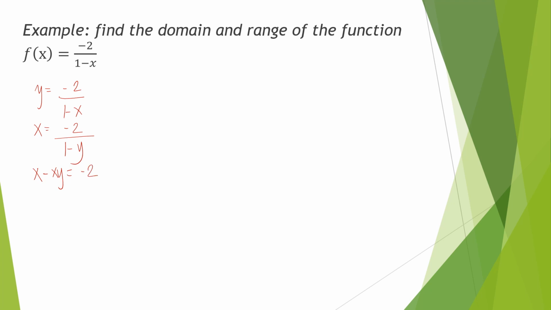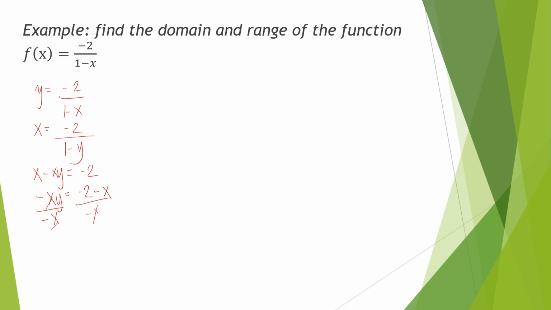Okay, then we transpose the x to the other side. So negative xy is equal to negative 2. No, not plus. Minus x. Okay? Then for that, we solve for y. So we divide both sides by negative x so that only y is left.